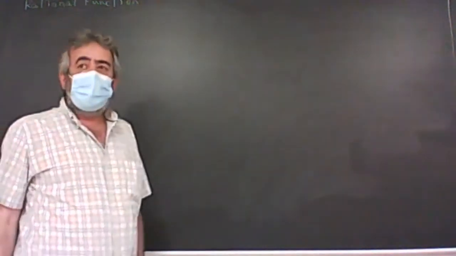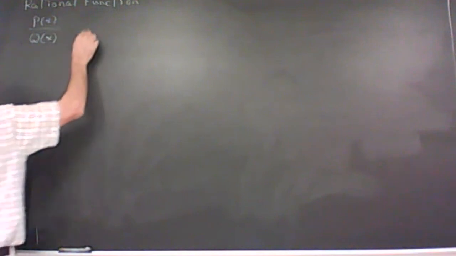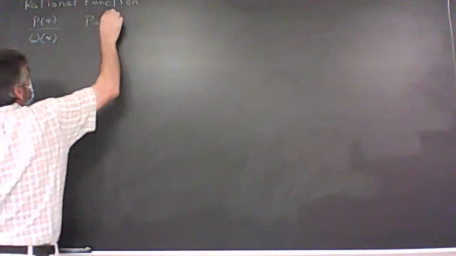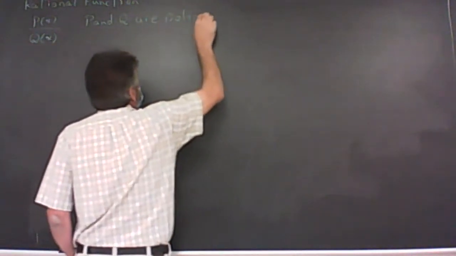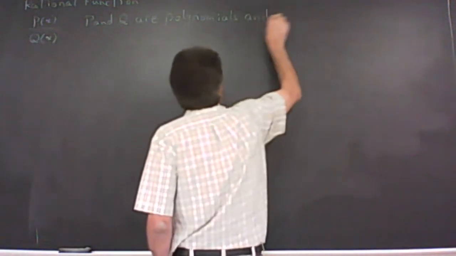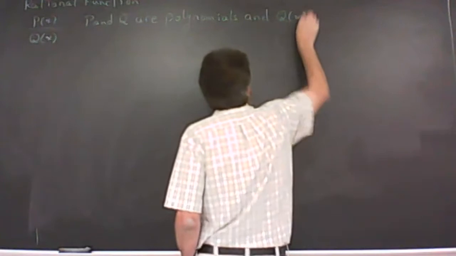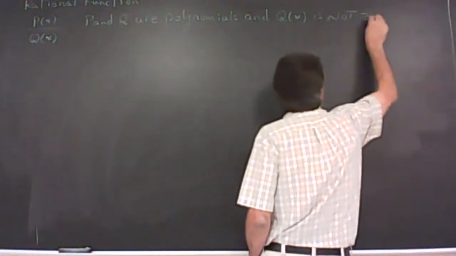So rational functions are functions of the form p of x over q of x, where p and q are polynomials and q of x is not 0.